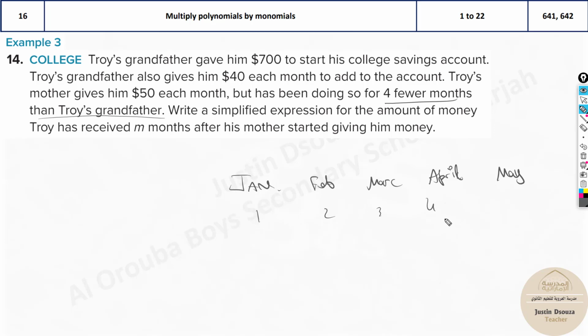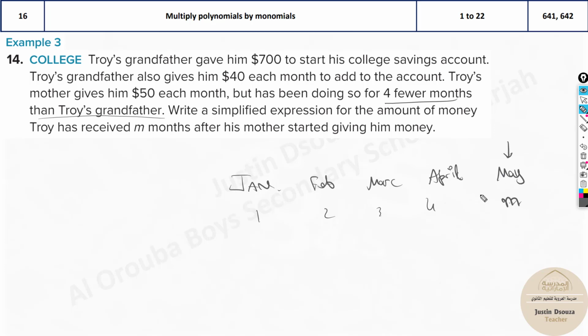Okay. So see, Troy received M months. Let's write a simplified expression for the amount of money Troy received M months after his mother started giving him the money. So they are saying we must start from the month when his mother started giving him the money. So M is over here. Okay, from this point.